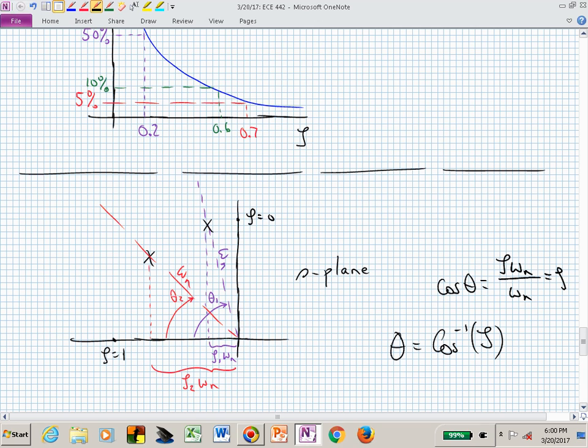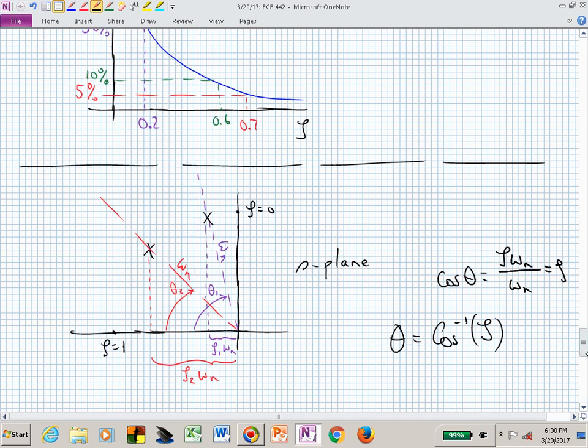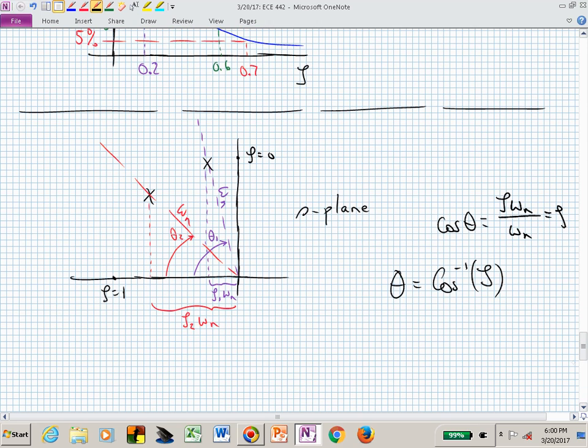And we said that a nice value of zeta is 0.7, and if I now do the inverse cosine of 0.7, or what angle theta has a cosine of 0.7?